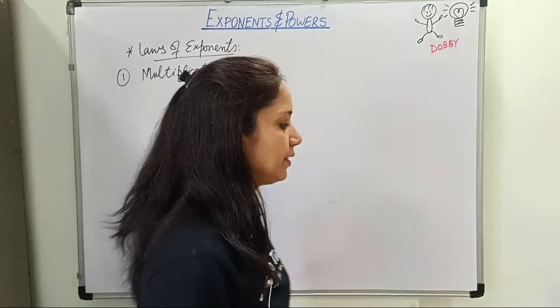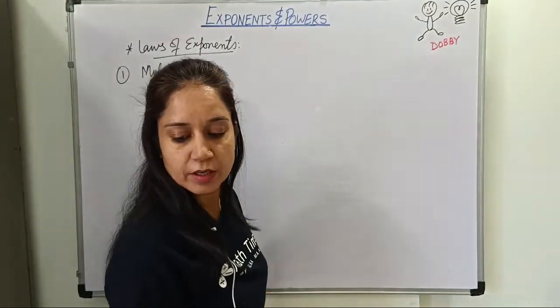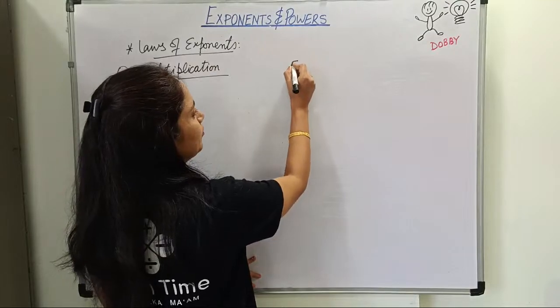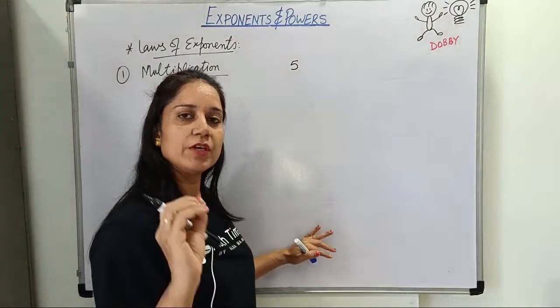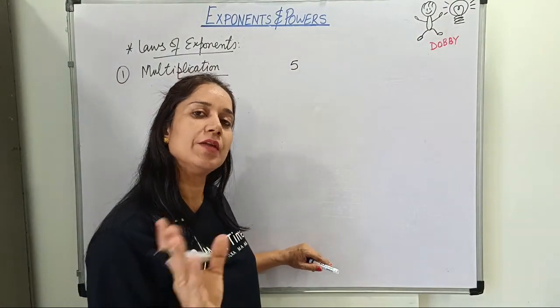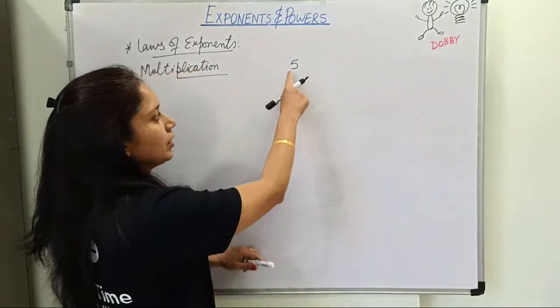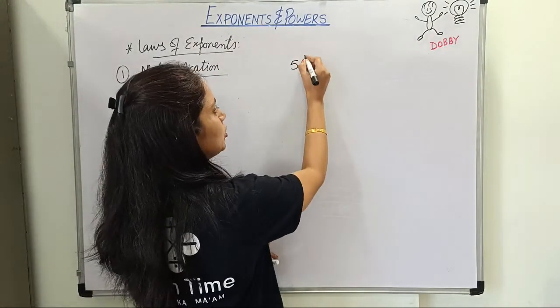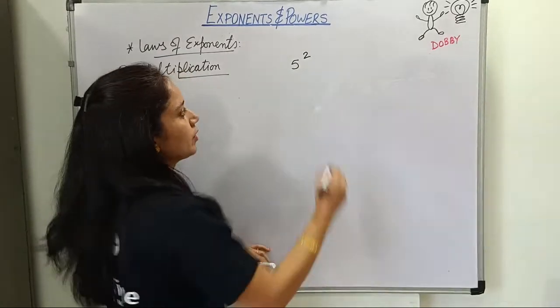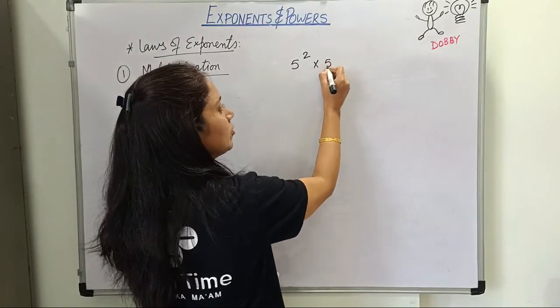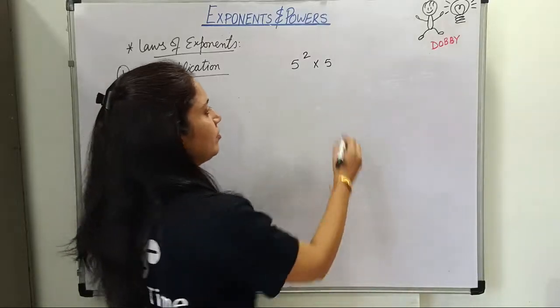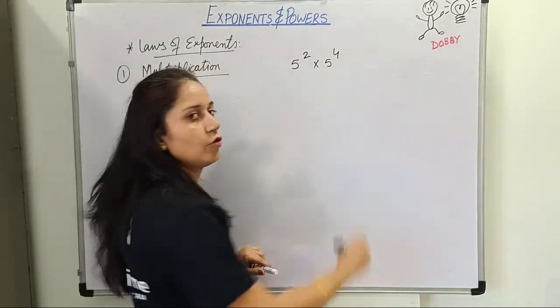The law says that suppose you are having a rational number 5. First I am giving you an example. With the help of example, then we will generalize it. 5 is a rational number raised to the power 2, multiplied by again the same rational number 5 raised to the power 4.